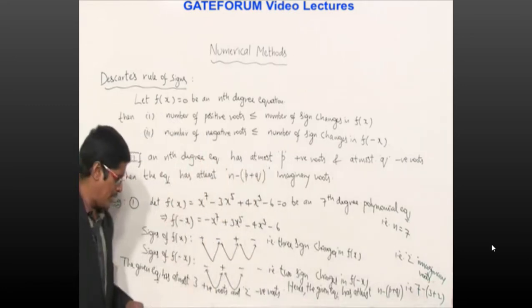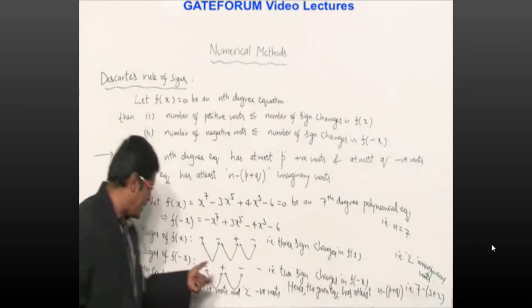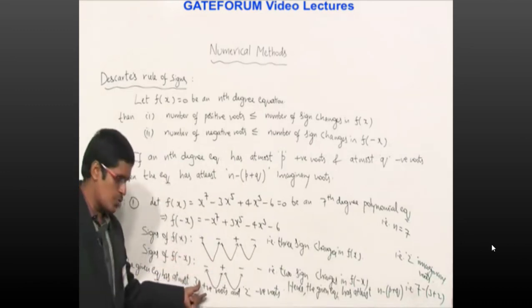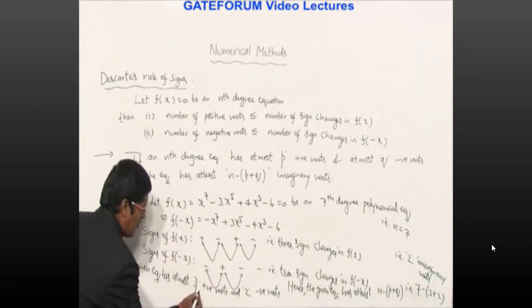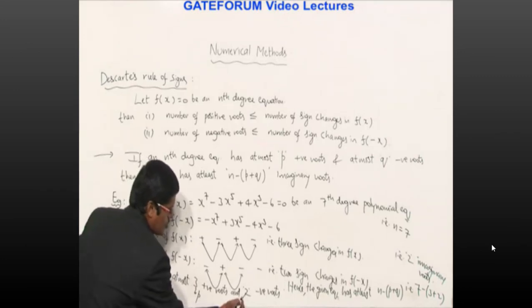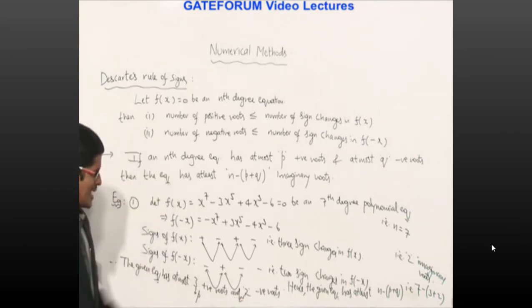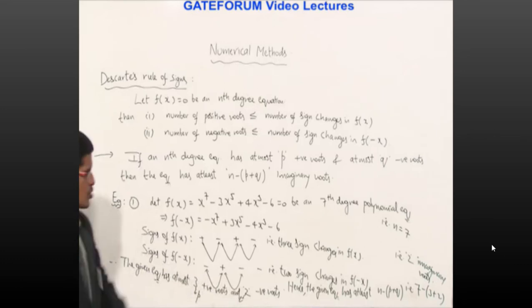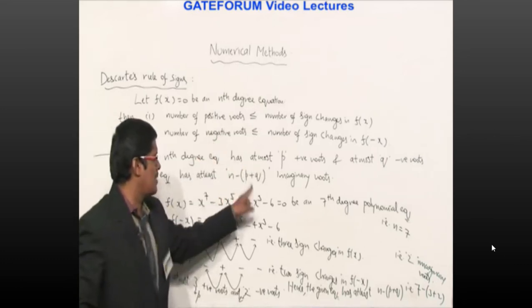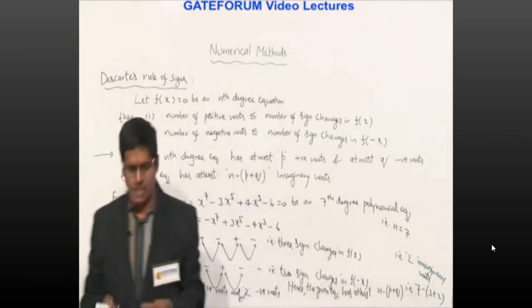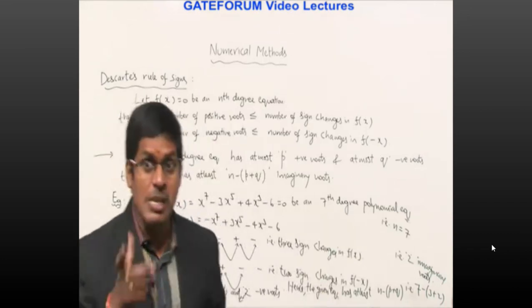Because n is equal to 7, 7 minus p means maximum positive roots. This 3 stands for p symbol and this 2 stands for q symbol. Maximum 2 negative roots, maximum 3 positive roots, and you see this formula n minus of p plus q, 2 imaginary roots. So this equation has minimum 2 imaginary.